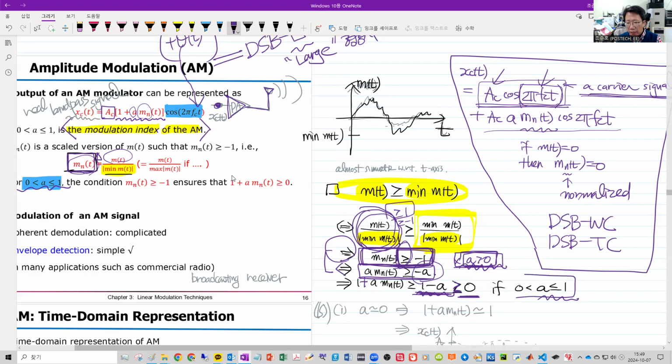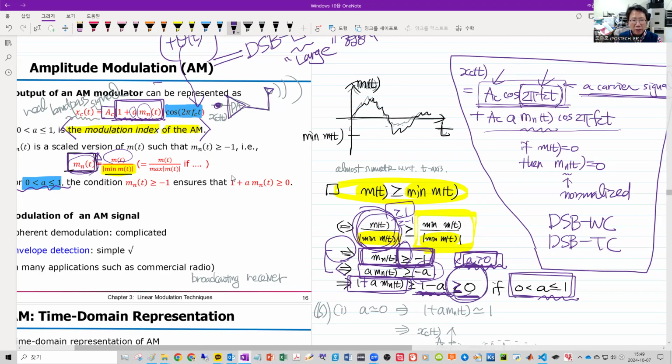If the AM modulation index is chosen less than or equal to 1 and greater than 0, then this value that appears here, in the definition of our AM modulated signal, is always non-negative.